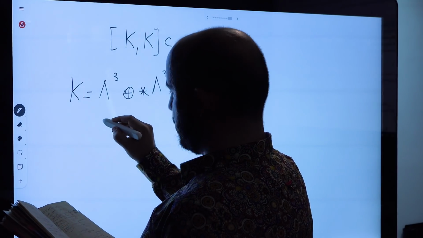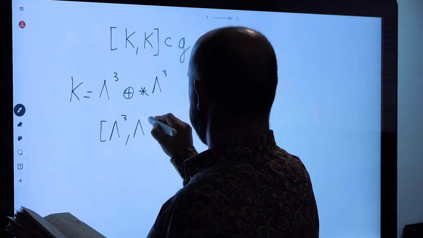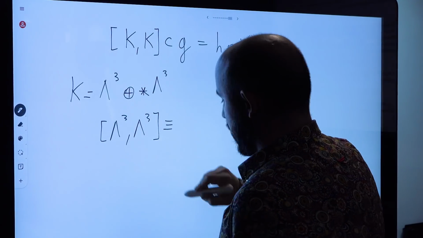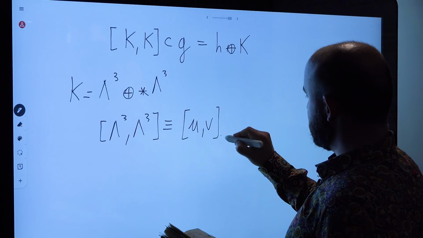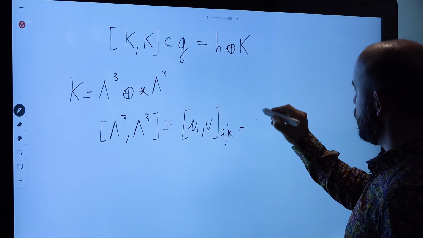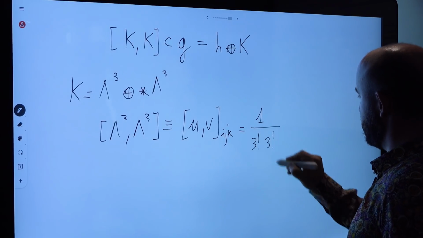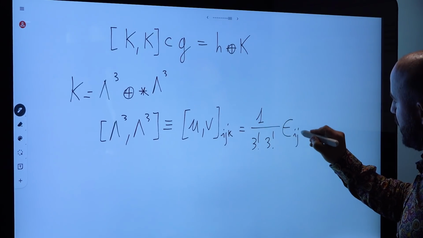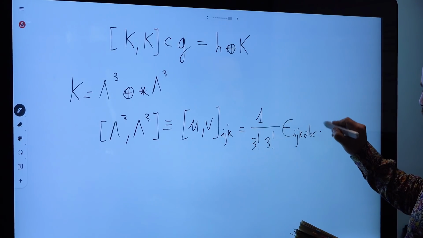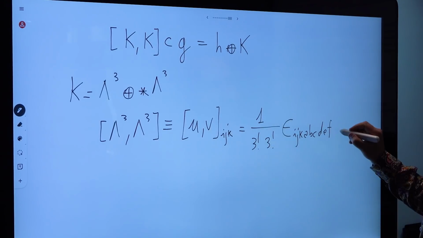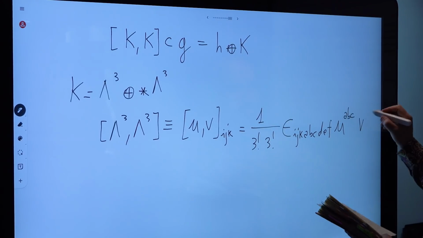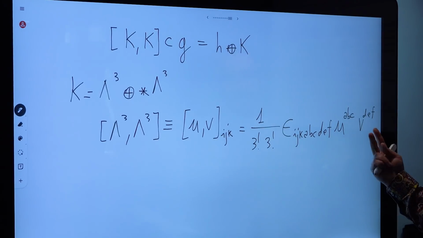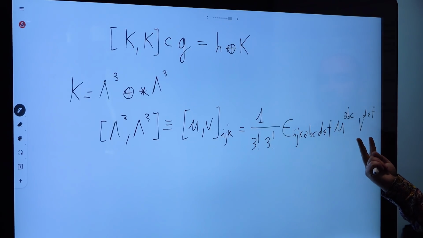So KK will decompose in a commutator of lambda 3 with lambda 3, and this essentially in terms of components is a commutator of U with V, with some indices I, J, K, and this is equal to 1 over 3 factorial times 3 factorial epsilon I, J, K, A, B, C, D, E, F, and then we have two of these tensors, U A, B, C and V D, E, F. So you see that it's antisymmetric, so it's a commutator between these two tensors, and we'll have some I, J, K indices low.